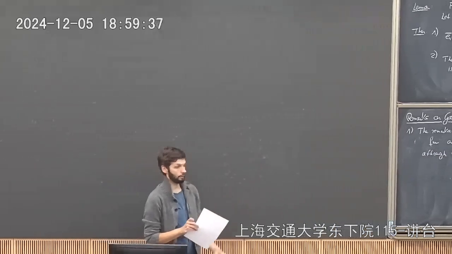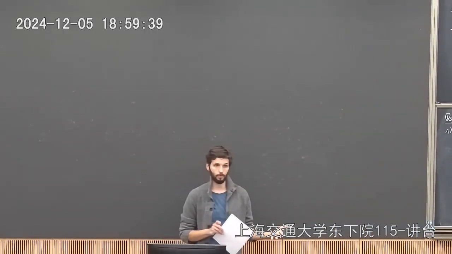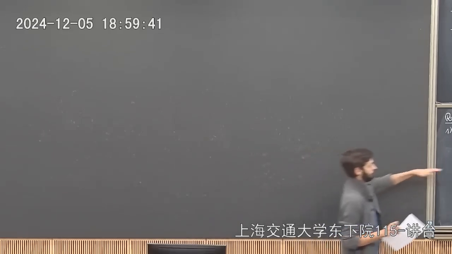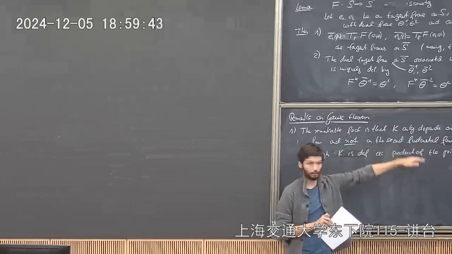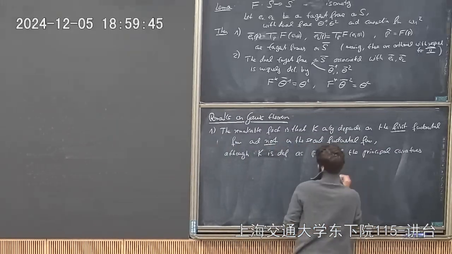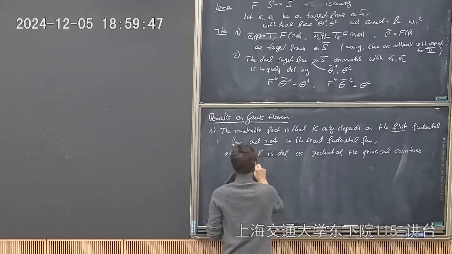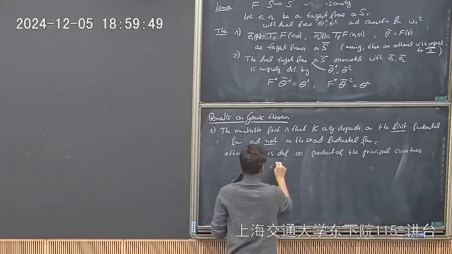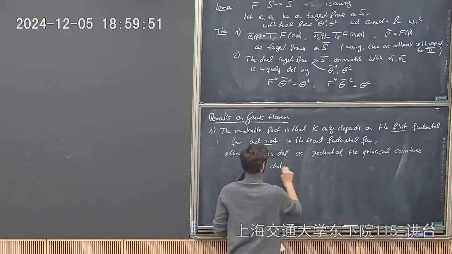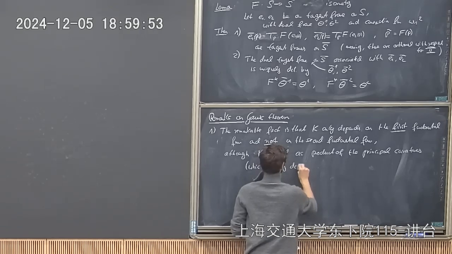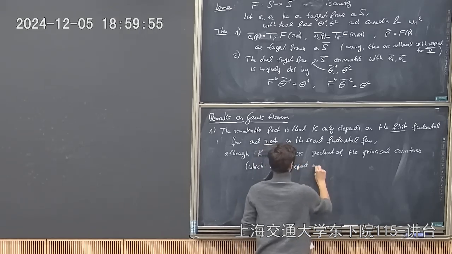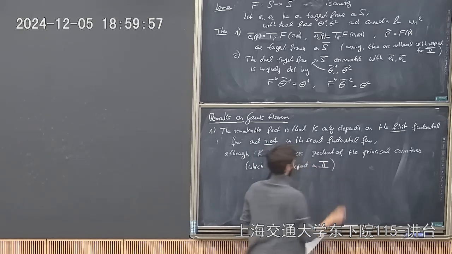And the principal curvatures are the eigenvalues of the shape operator. In different words, the eigenvalues of the second fundamental form, which clearly depend on the second fundamental form.